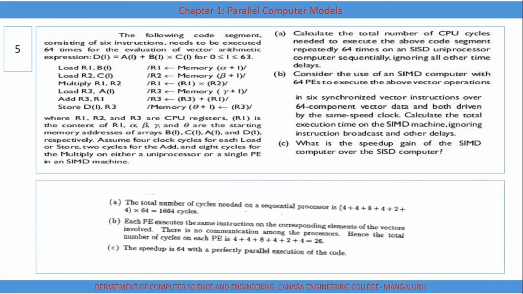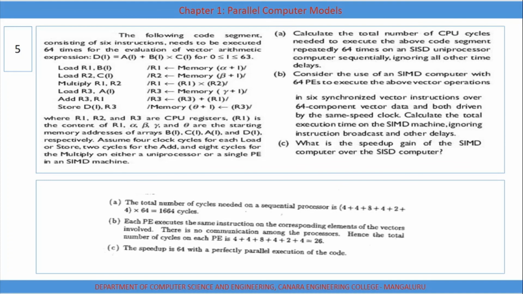And the answer is, the total number of cycles needed on the sequential processor is (4 + 4 + 8 + 4 + 2 + 4) times 64, because it was mentioned that it is repeated 64 times. And why have we written 4 plus 4 plus 8 plus 4 plus 2 plus 4?